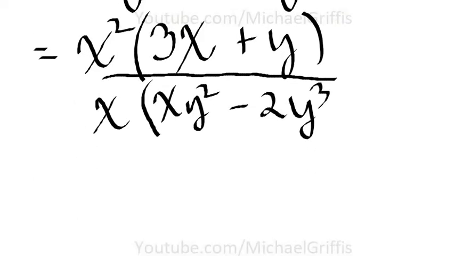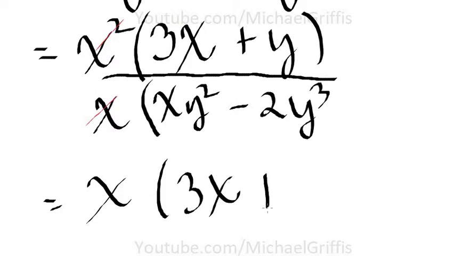But we're going to be left with 1x down here in the numerator, 2 up here in the denominator. Remember, you can always take that 1 in the denominator and bring it up into the numerator, and do 2 minus 1, so we end up with x times 3x plus y.